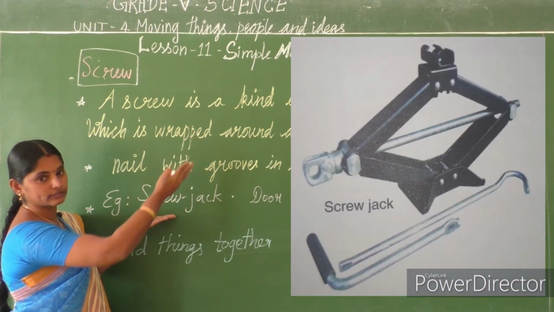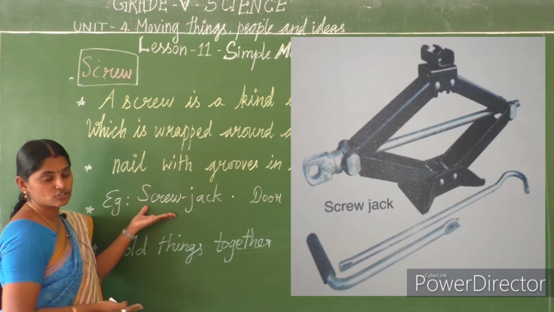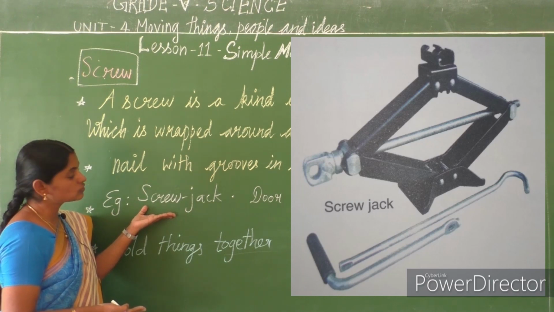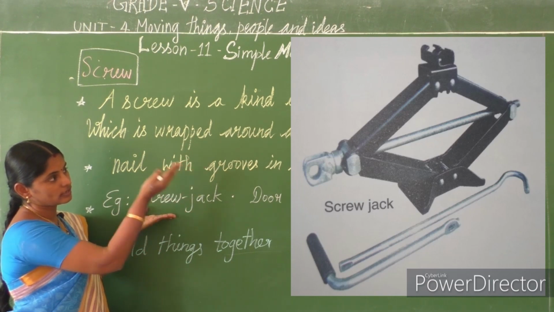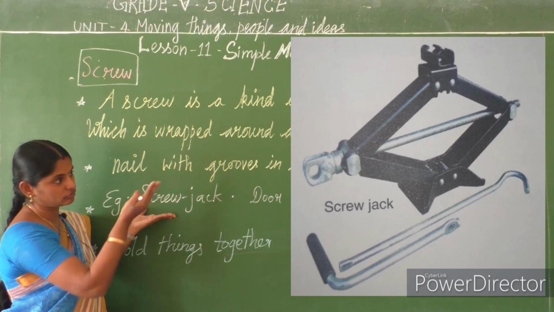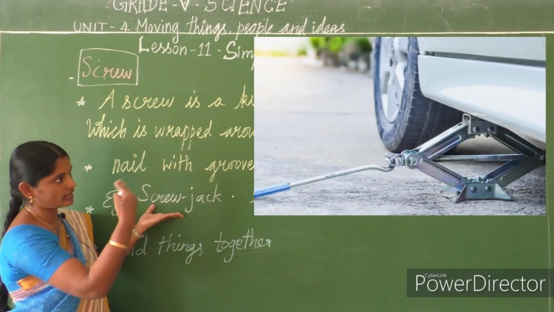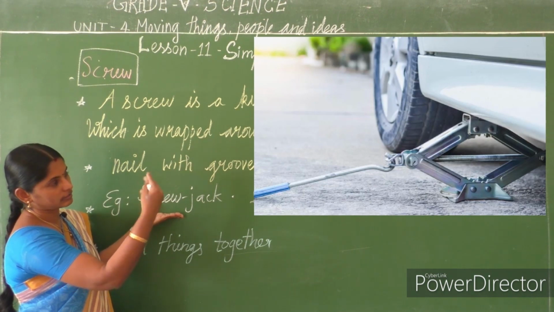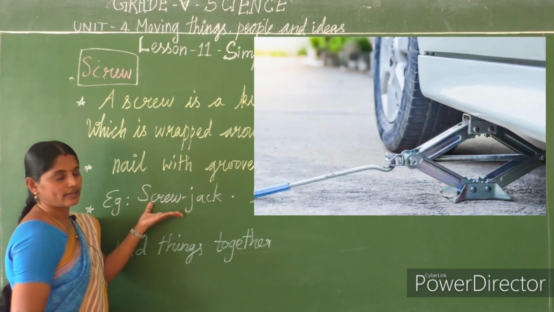In mechanic shops and all, they are using the screw jack. That is a screw jack to lift heavy objects, cars or some other vehicles. When you repair them, it is useful, isn't it? So, to lift the heavy vehicles.